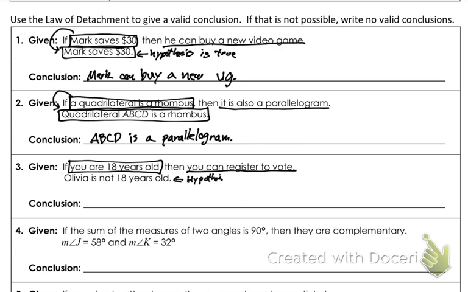Hypothesis is not true. And because of that, there is no conclusion. Here's the facts. Did the hypothesis come true? No. No conclusion.